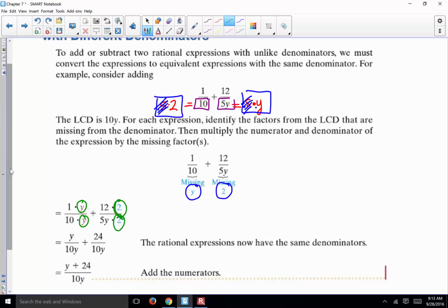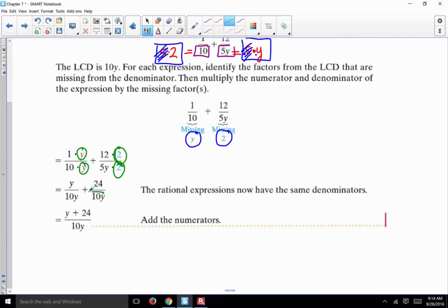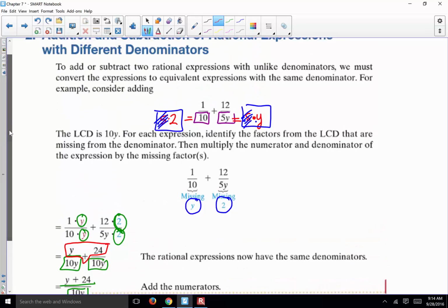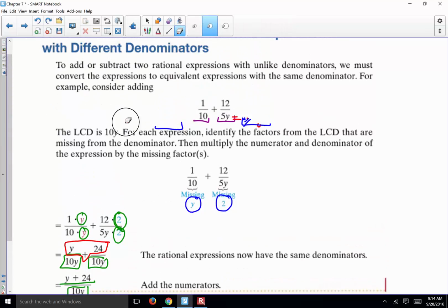And then when you do that, you see these denominators matching. Get that common denominator combined and only add the tops. Add y and 24 and simplify if necessary. Okay, this procedure is called getting the least common denominator, least one, because you could have got 20y and 20y here.